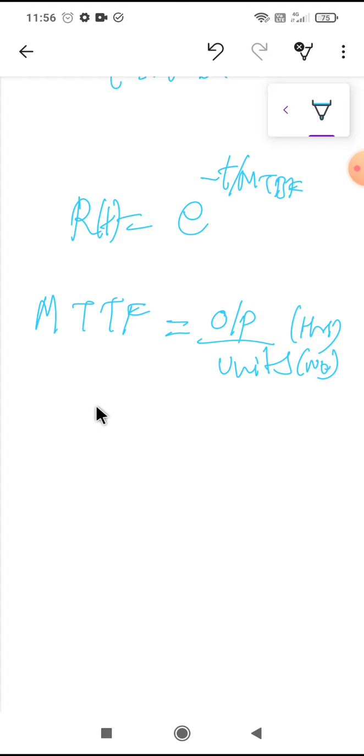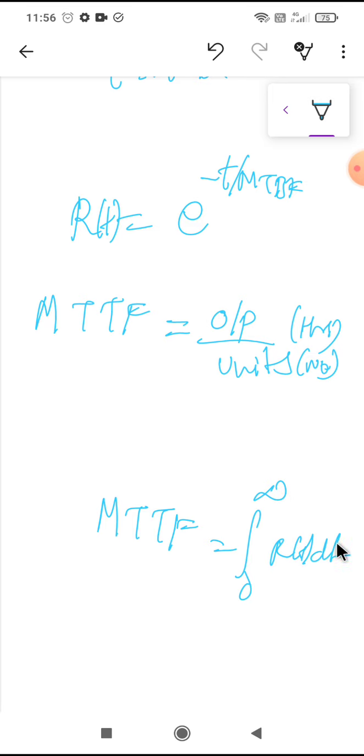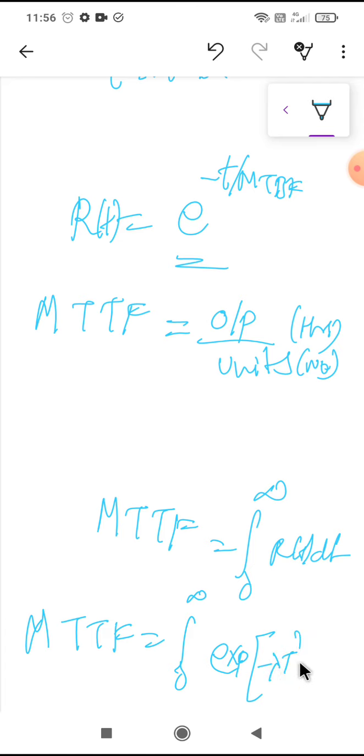The mean life function such as mean time to failure is widely used as a measurement of product reliability and performance. MTTF is equal to the integral from 0 to infinity of R(t) dt. For the exponential distribution, MTTF is the integral from 0 to infinity of exp(minus lambda t) dt.